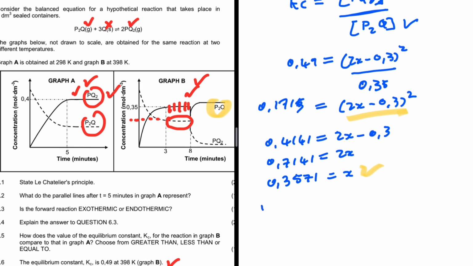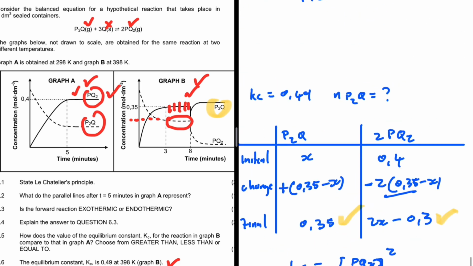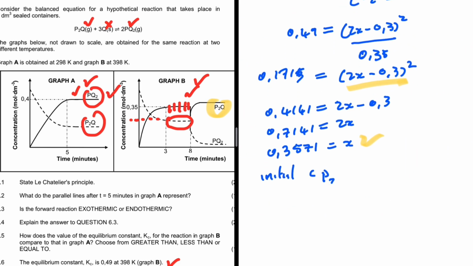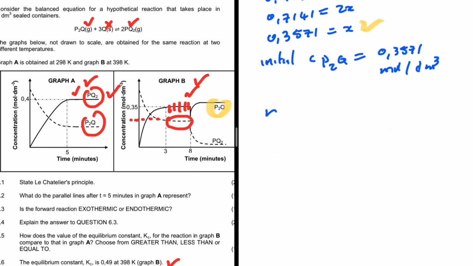This is the initial concentration of P2Q. The initial concentration of P2Q is 0.3571 moles per decimeter cube. But we're interested in the number of moles. We have calculated the initial concentration, but we do have the volume.